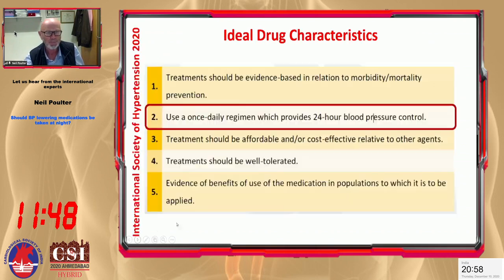Well, what we do know from the recent ISH guidelines of this year, is that the ideal characteristics of a drug include using once daily regimen, which gives 24-hour blood pressure control. And one has to wonder, if you do give drugs that give full 24-hour control, is it likely to matter when you give the tablets?